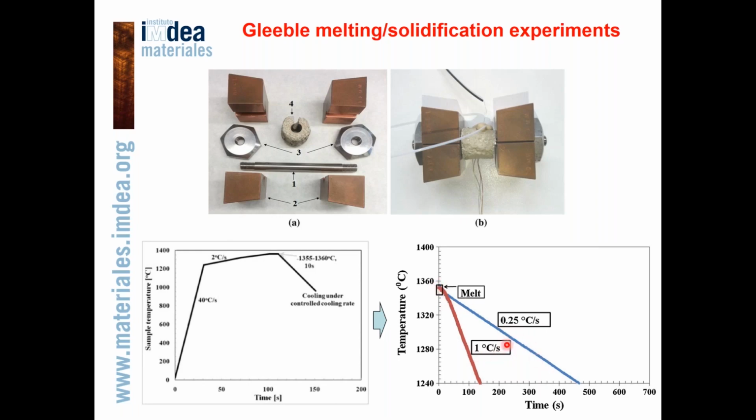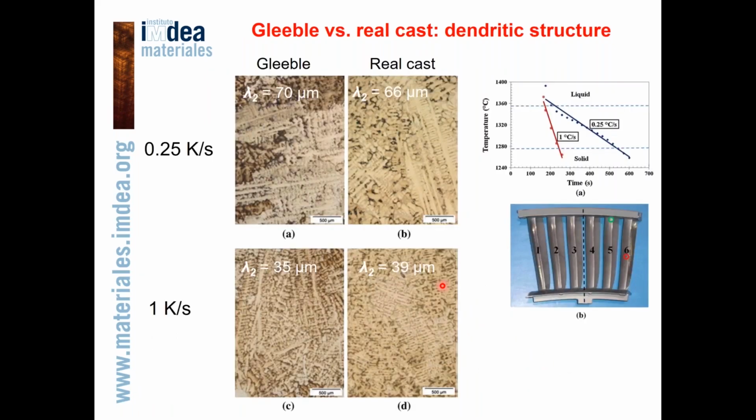And one can see that the cooling rate was very well controlled during the experiment. So the processed samples were cross-sectioned, and their microstructure was thoroughly analyzed.